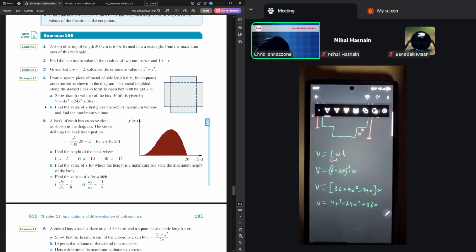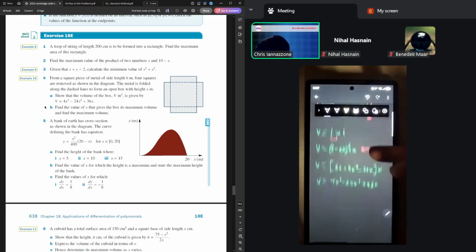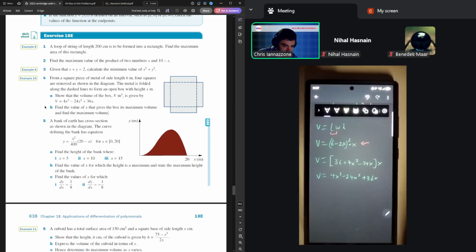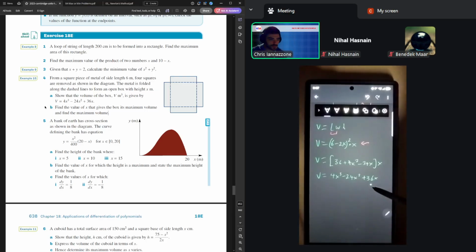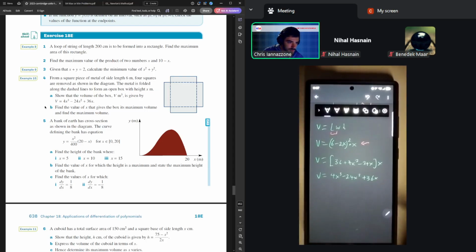It's a cubic. I almost like using this one better because it tells you a bit more information about what the cubic actually looks like. If you're doing this tech-free, when you go ahead and do your derivative equals 0, you're going to get 2 solutions here, and when it's tech-free, you don't really have much to go off of.